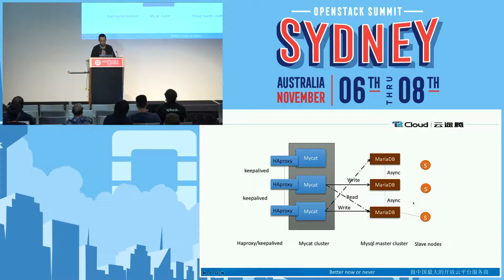We also did some work on SQLAlchemy to differentiate which request is a read request and which is a write request. Then MyKite can route the write request to one of these MariaDB servers exclusively to avoid deadlock, and balance the read requests to all the MariaDB clusters for better performance.